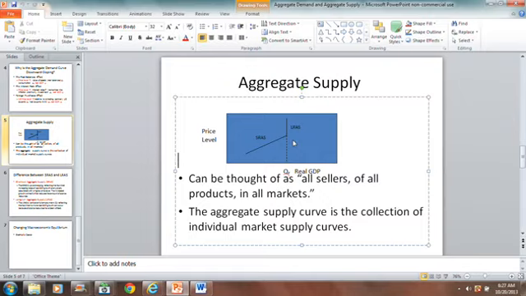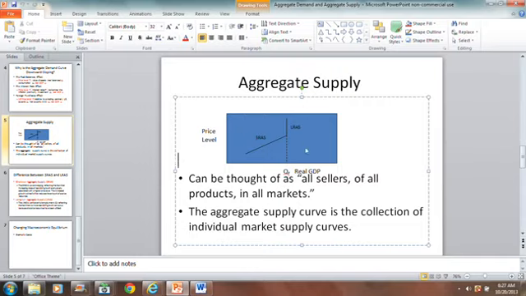Now, I also need to mention that the aggregate demand curve and the aggregate supply curve can shift. For example, if the entire aggregate supply curve moves to the right, both the short run and the long run segments, that's called an increase in aggregate supply. If they move to the left, it's called a decrease.